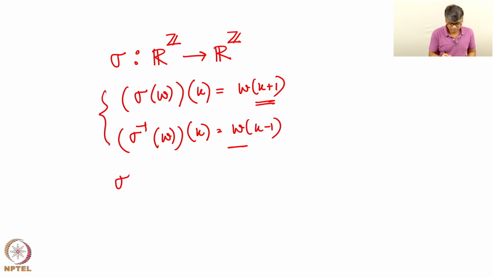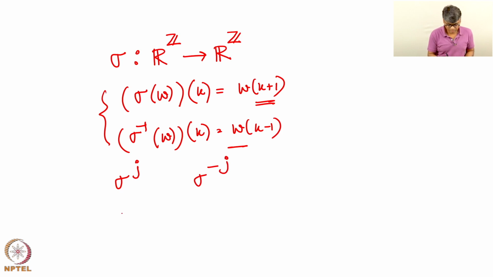You can have obviously a shift that shifts j times on the left, or a shift that shifts j times on the right. You can also have linear combinations of these.